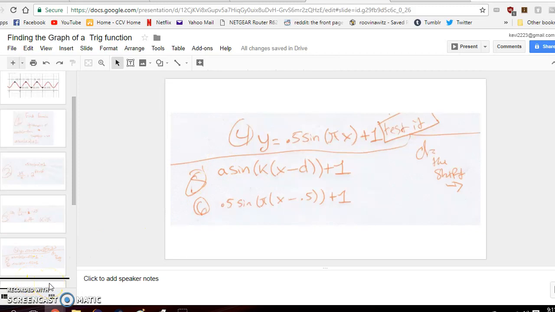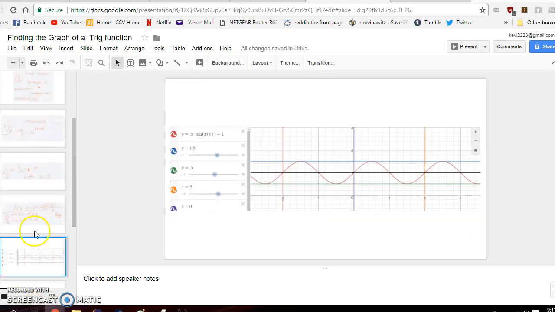And when we go on to the next slide, we have it all plugged in here, and I have, just for simplicity's sake, so you can see where things line up, I have x equals 2 in orange, y equals 0.5 in green, 1.5 in blue, and 0 in purple.